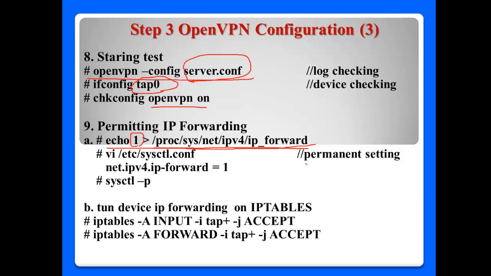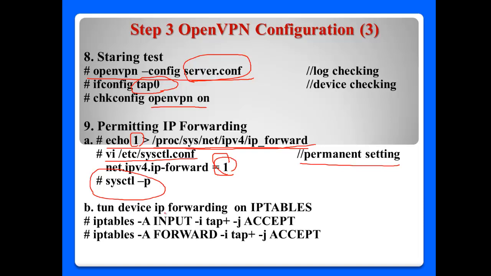So if we want to configure this permanently, we have to open the file sysctl.conf and change this one. At first, the default setting is 0, but we have to change it to 1. And after that, we can check this permanent setting.